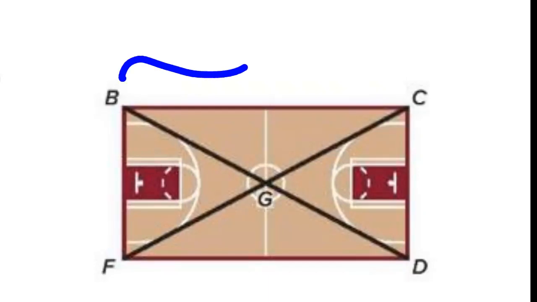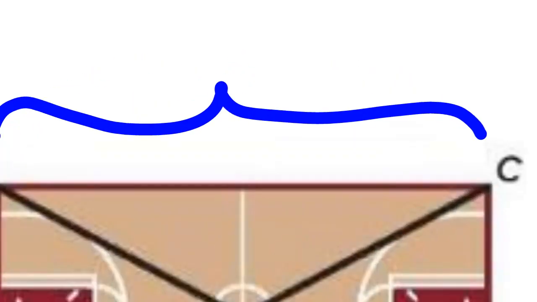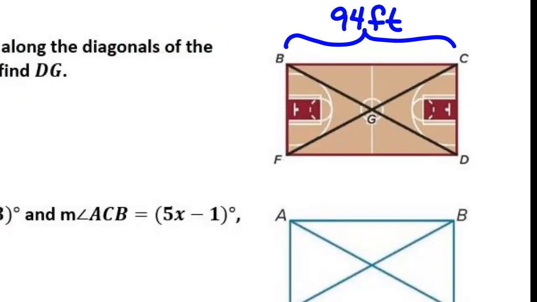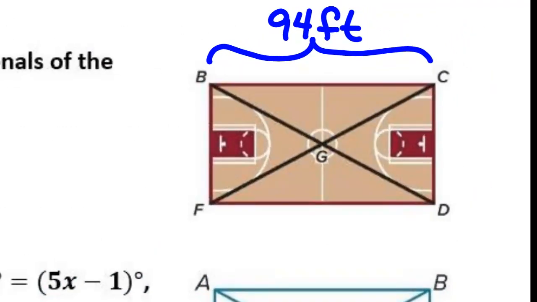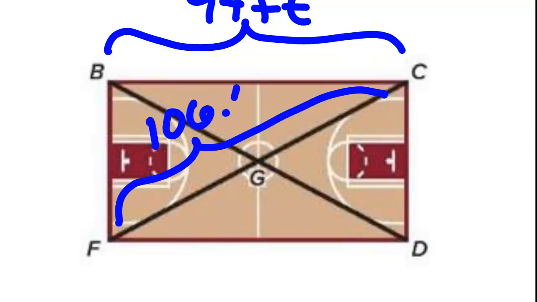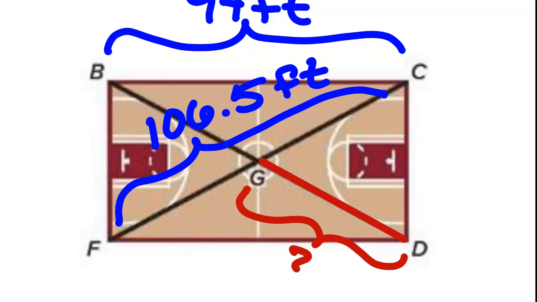If BC, this side right here, is 94 feet, and FC, this diagonal right here, is 106.5 feet, find the length of DG. So this is the thing that we want to find.